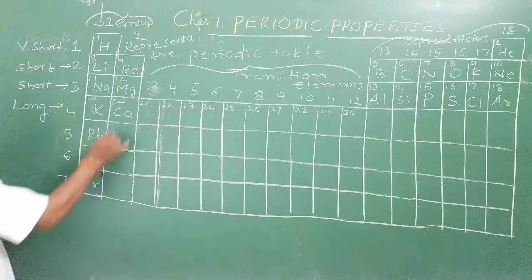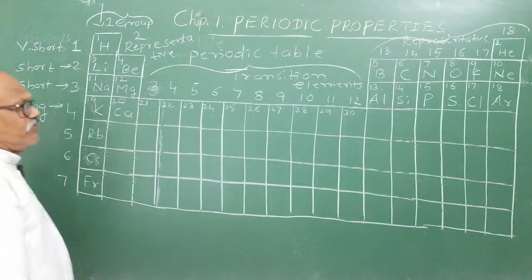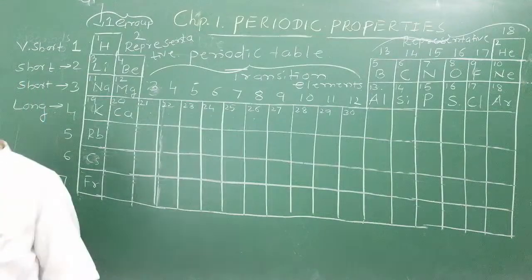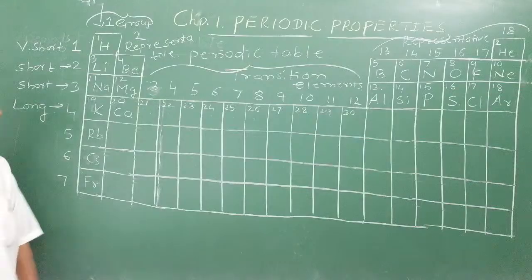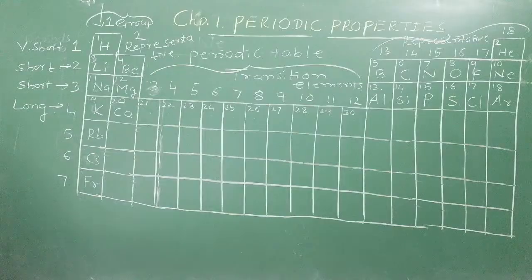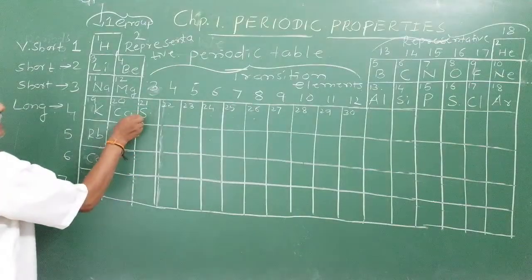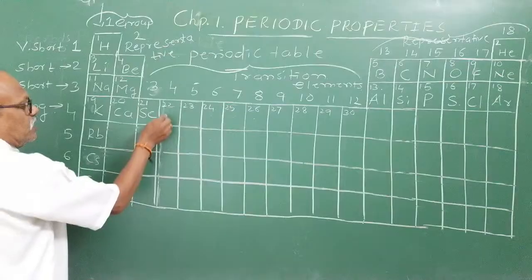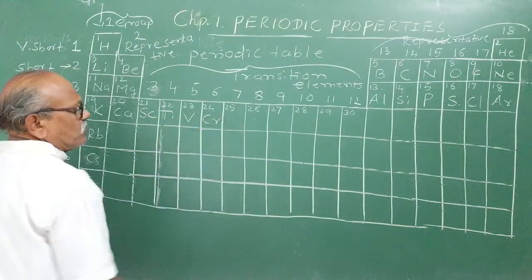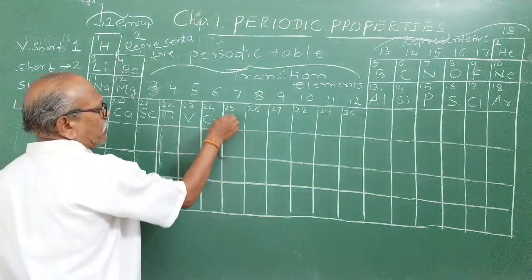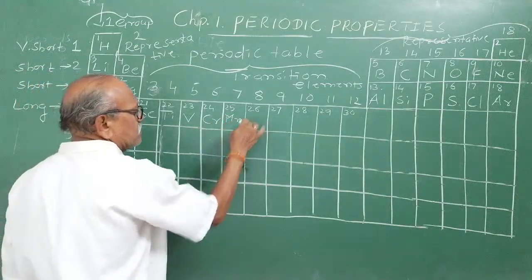Okay. Calcium, atomic number 21. Can anyone of you tell me the atomic number 21 without looking at the table? Atomic number 21 is scandium, Sc. 22 titanium, 23 vanadium, 24 chromium, symbol Cr, 25 manganese, Mn, 26.